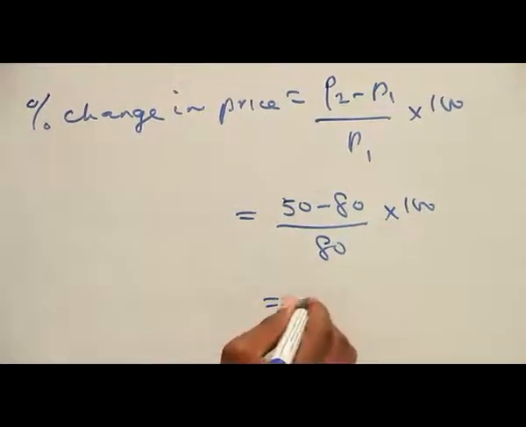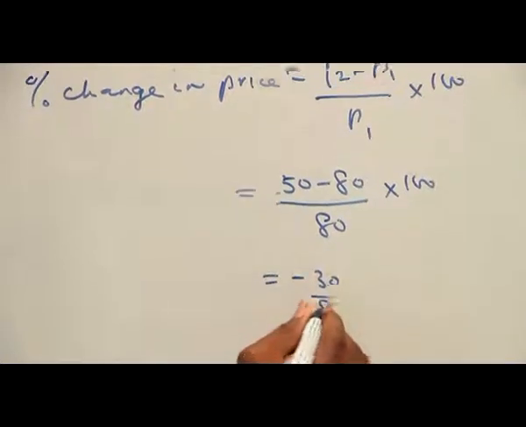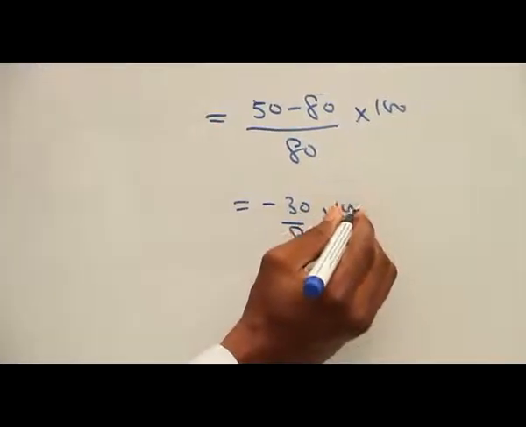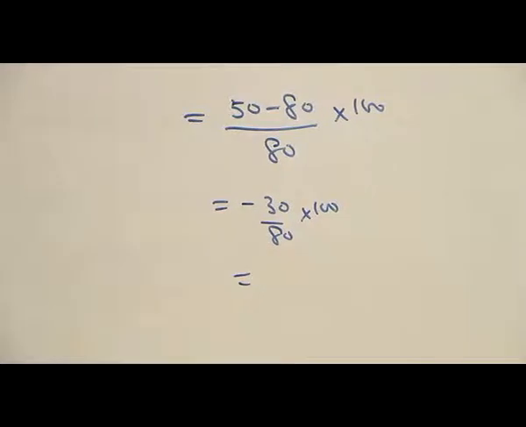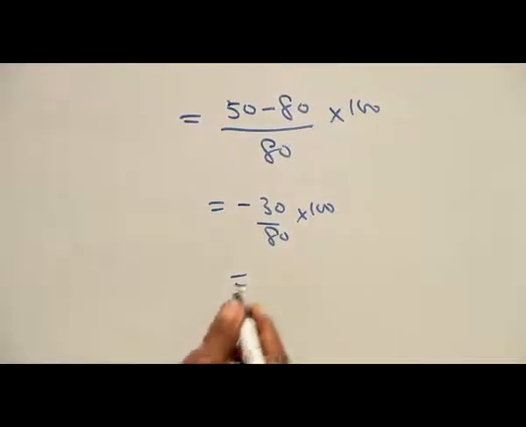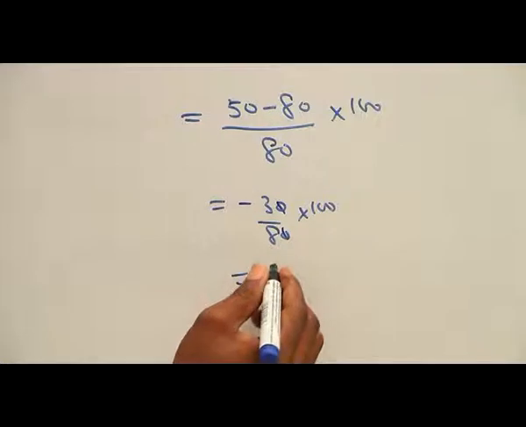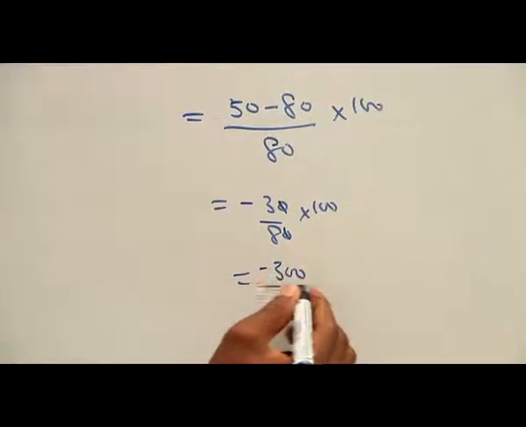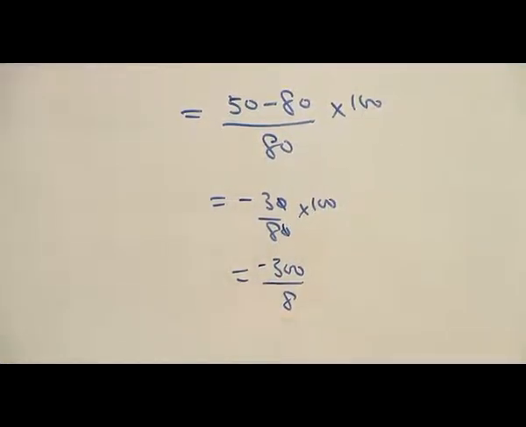The difference will be minus 30 over 80 times 100. When we cut, at the end we are going to have minus 300 over 8.